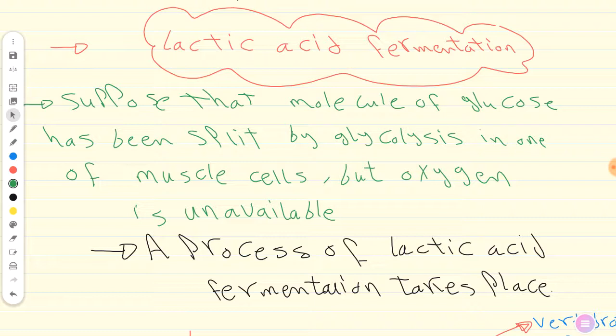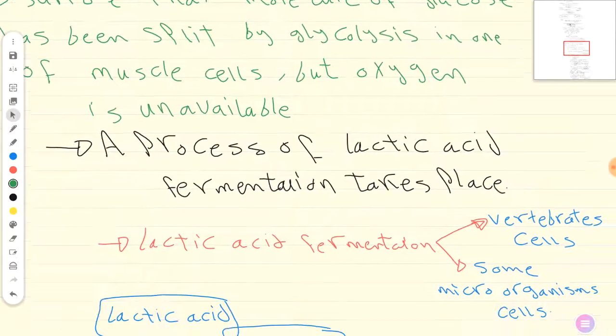So what will happen? The muscle cells require and need energy. So in this case of absence of oxygen, the glycolysis process must be continued. So the process of lactic acid fermentation takes place.